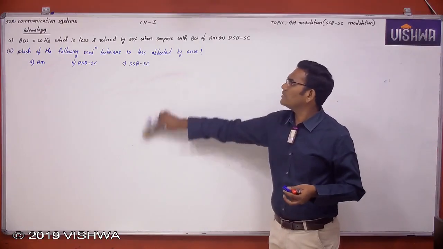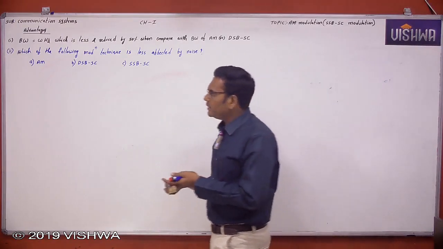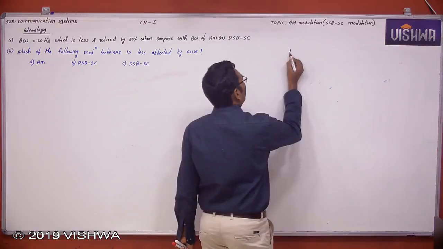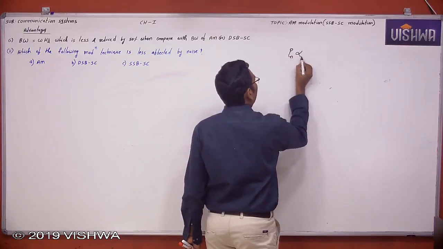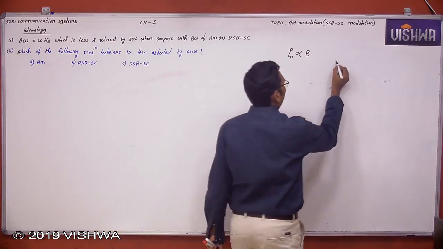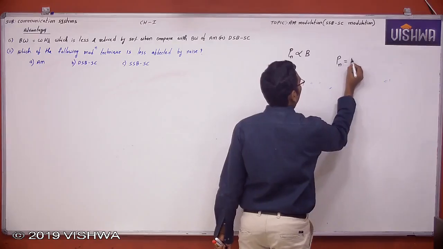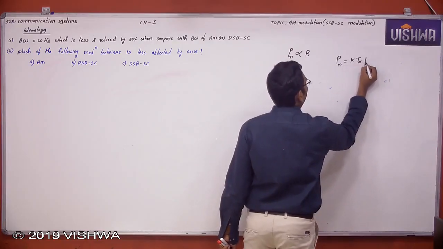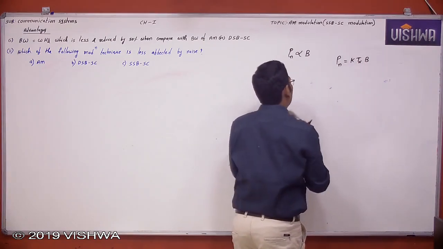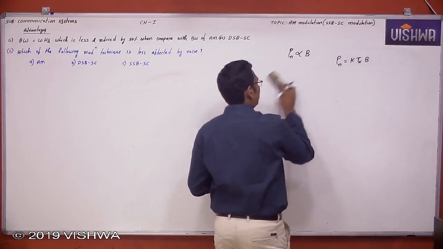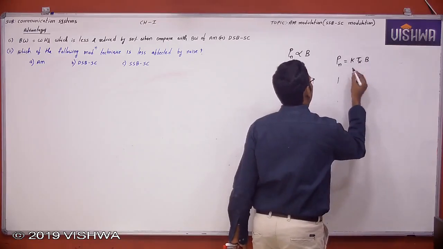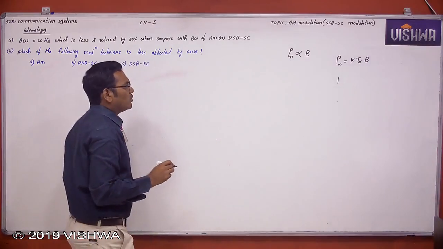Without any second thought, see here, I am explaining one small story. The noise power is directly proportional to bandwidth, because the noise power equals K Tn B: K is the Boltzmann constant, Tn is the noise temperature, and B is the bandwidth. Since K and the noise temperature are constant, the noise power is directly proportional to bandwidth.